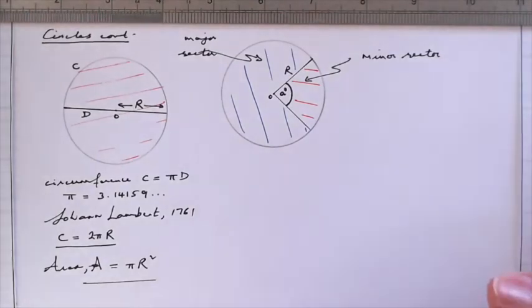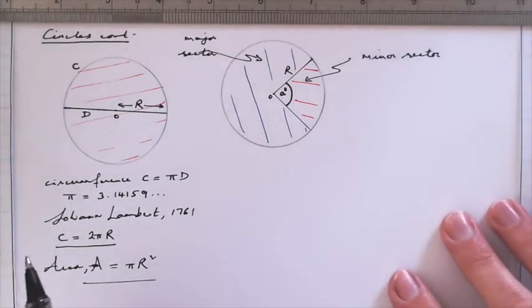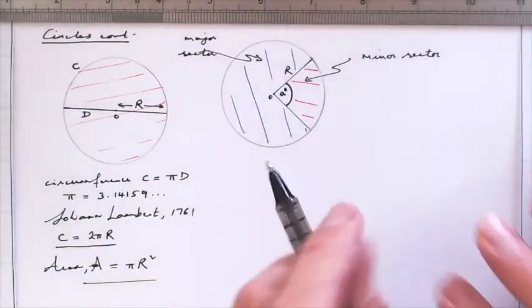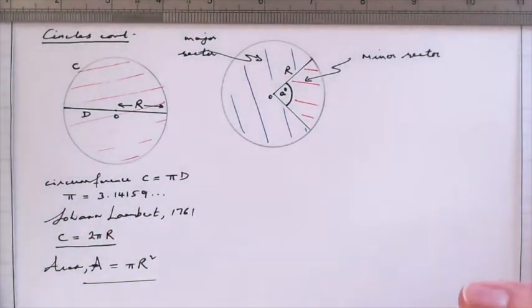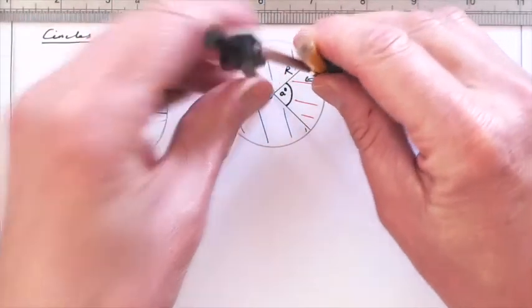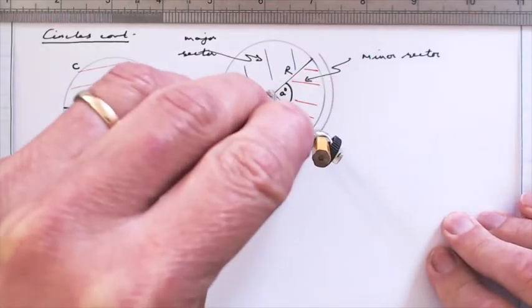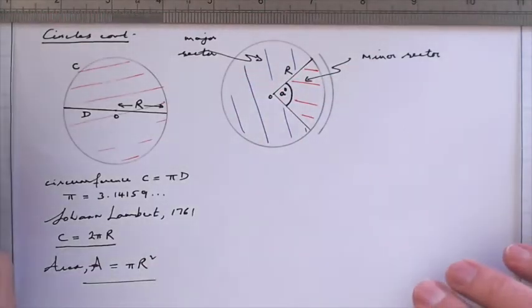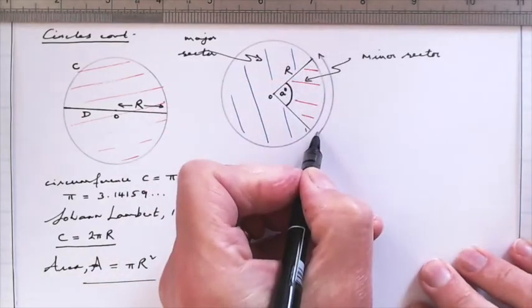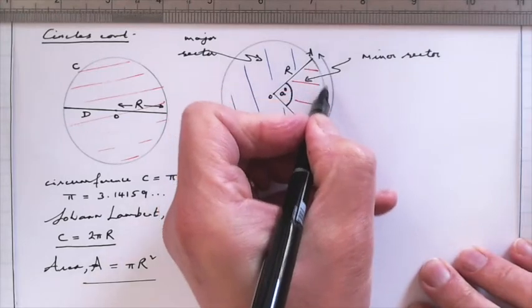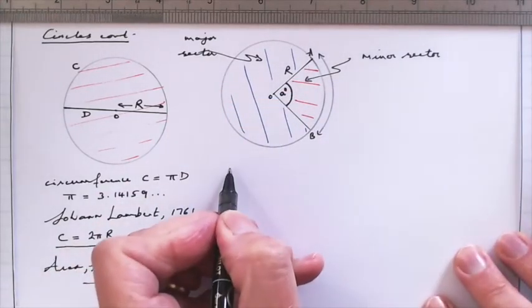Now I don't think you have to memorize the formulas I'm about to write down, but you should understand them. And if you understand them, then you'll be able to reproduce them very easily. So the length of this line, and let me just indicate that in the following way. Okay, so I'm indicating this length here, let's say from A to B around the circle, is called the minor arc.